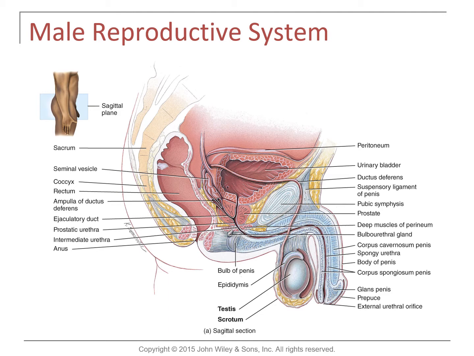The spongy columns or tissue in the penis have many cavities, so they have the appearance of a sponge, but they also become filled with blood that causes engorgement and stiffening of the penis, leading to an erection. So the corpus spongiosum is the more medial column. It surrounds and supports the urethra.